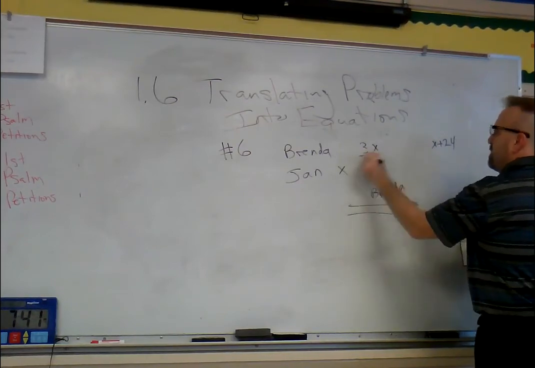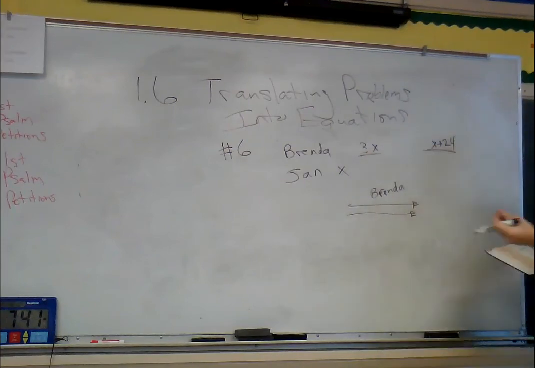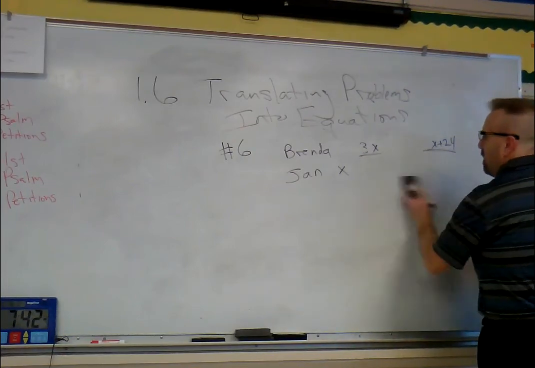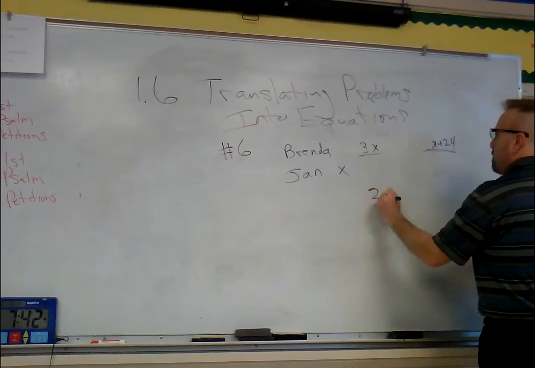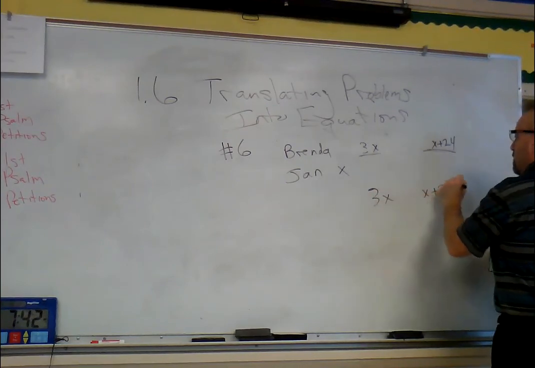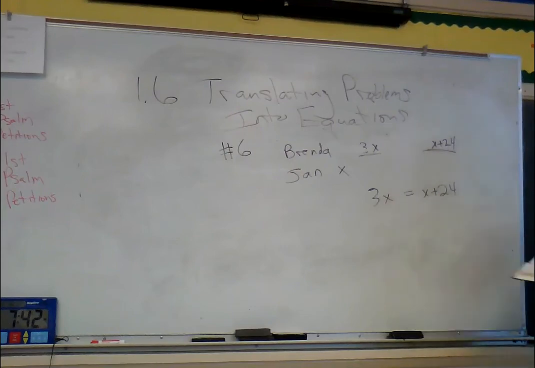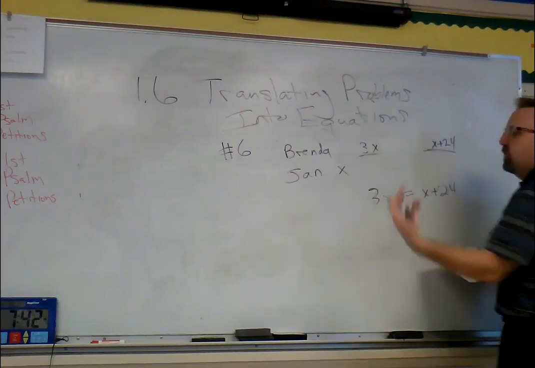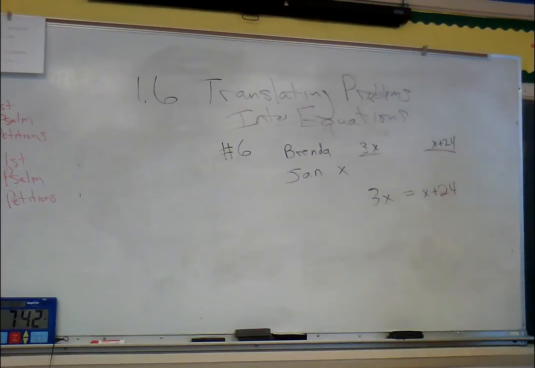So these 2 things are how far Brenda went. What do you know about those 2 things? They are the same, they're equal. So in between them, we could put an equals sign. Then that could tell us, if we solve it, how far Jan went. And once we know how far Jan went, we know Brenda went 3 times as much.